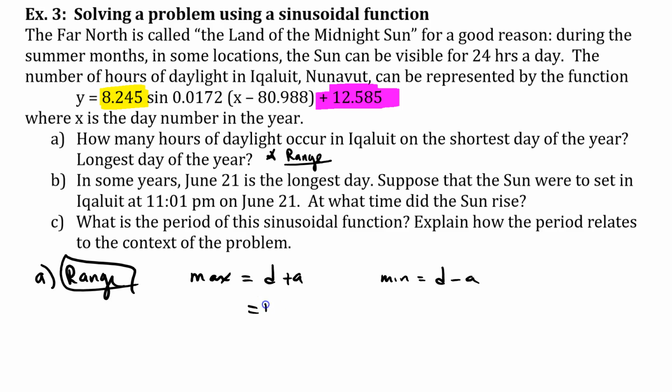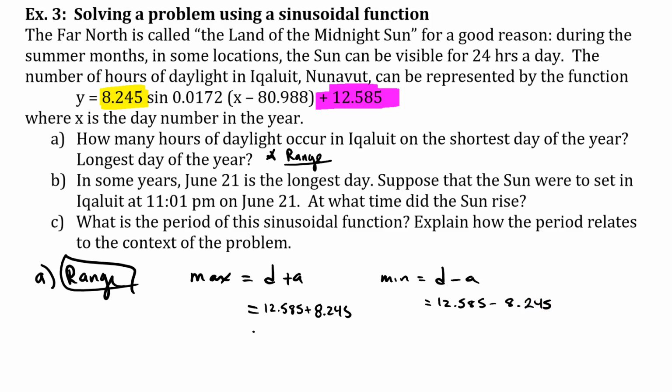So I'm going to say 12.585 plus 8.245, and this one's going to be 12.585 minus 8.245.